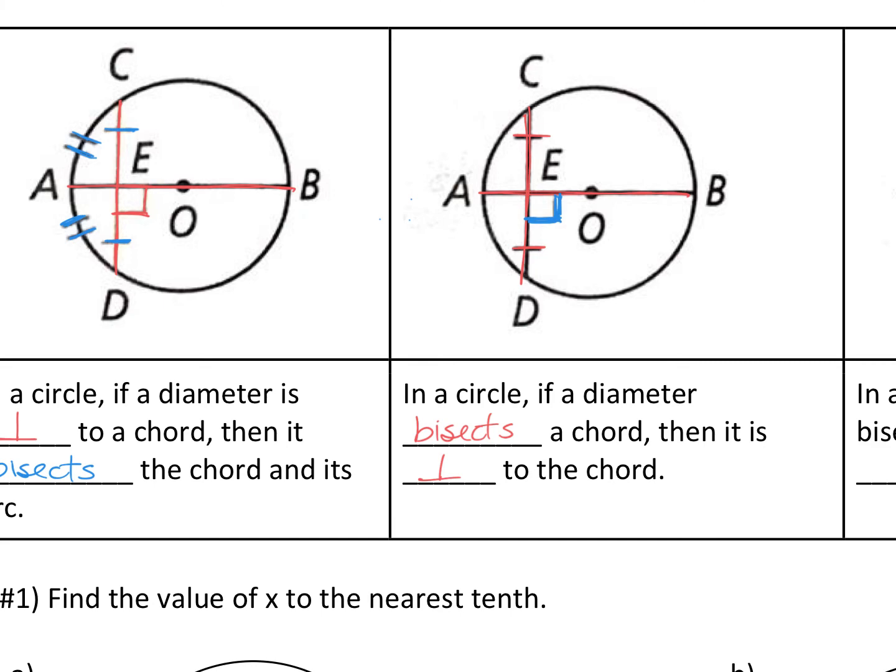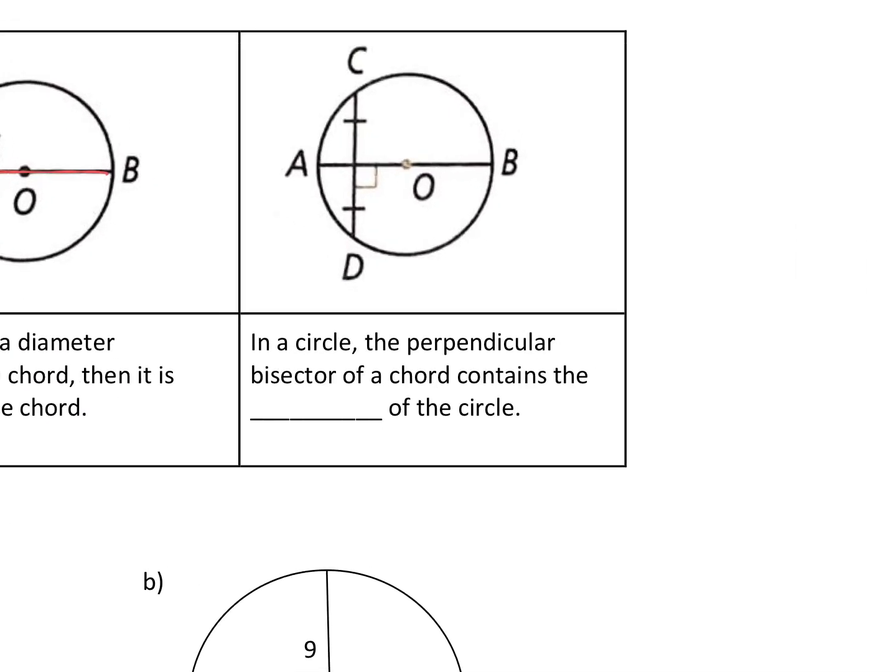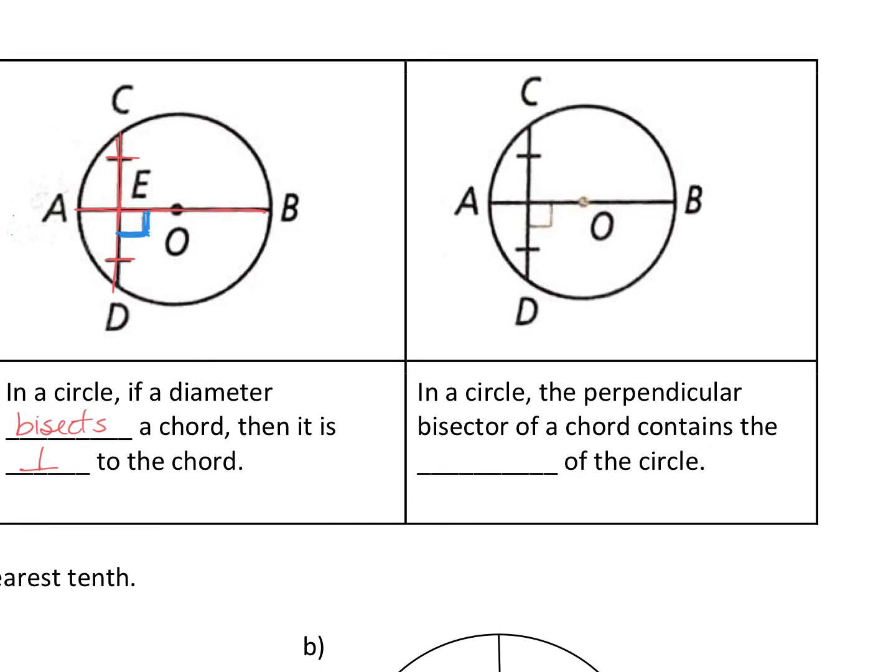I bet you can tell me the last one. The wording on this one is different, but it's really saying the same thing. In a circle, the perpendicular bisector of a chord contains the center of the circle. It is the diameter of the circle. It contains the center of the circle.